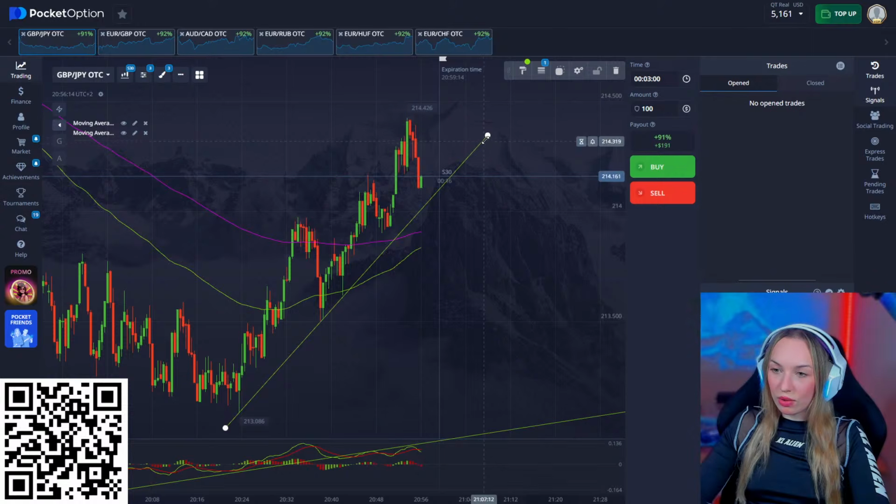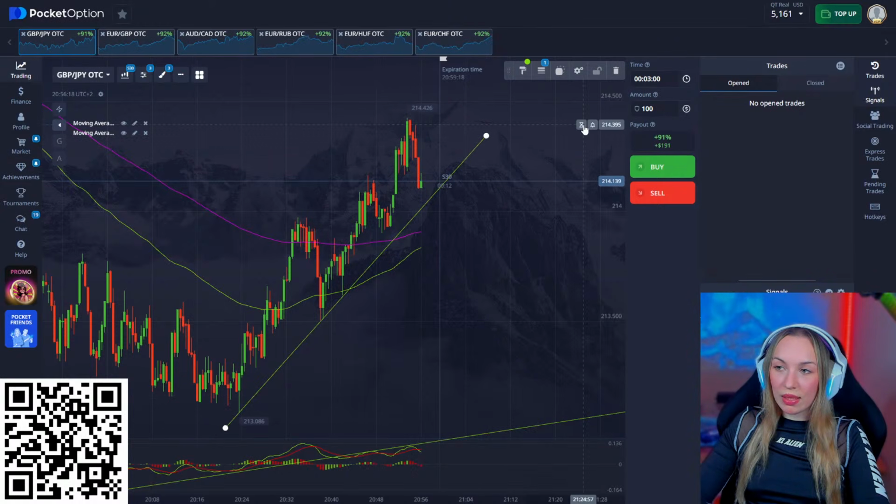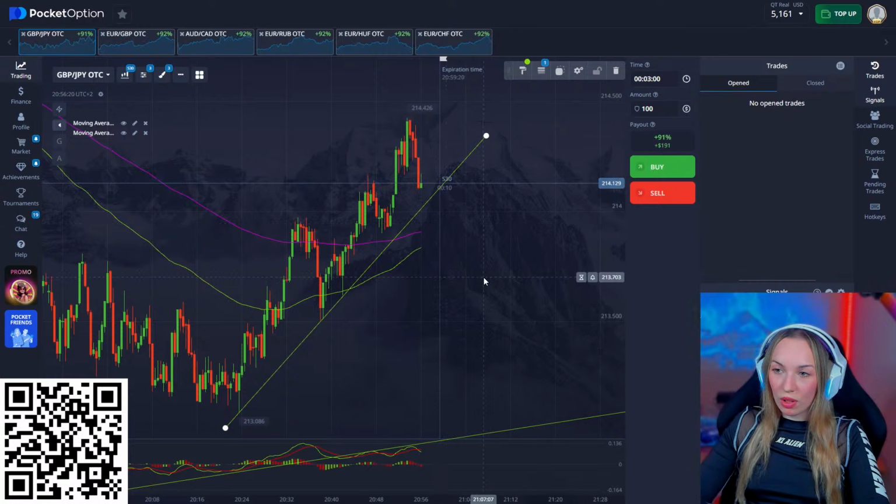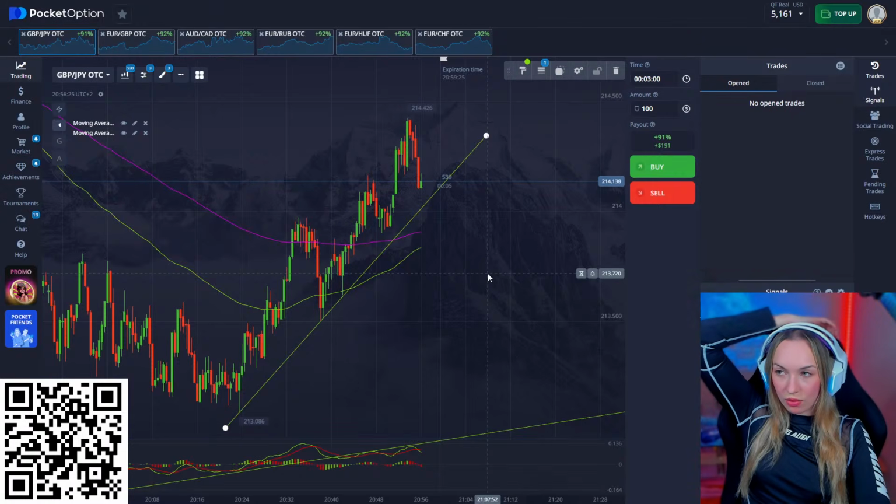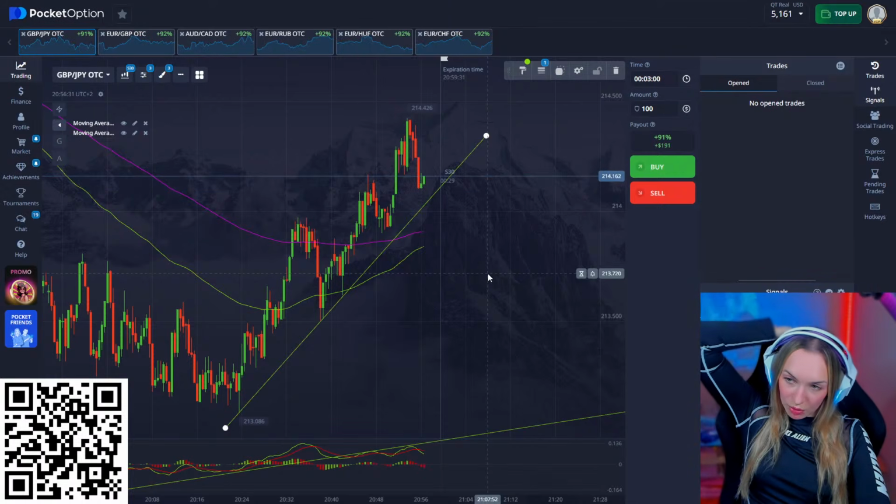But to tell the truth, I think we can open here the trade for 30 minutes in the upward direction. On GBP JPY, let's see what candle will form right now, and I will try to open the trade here.